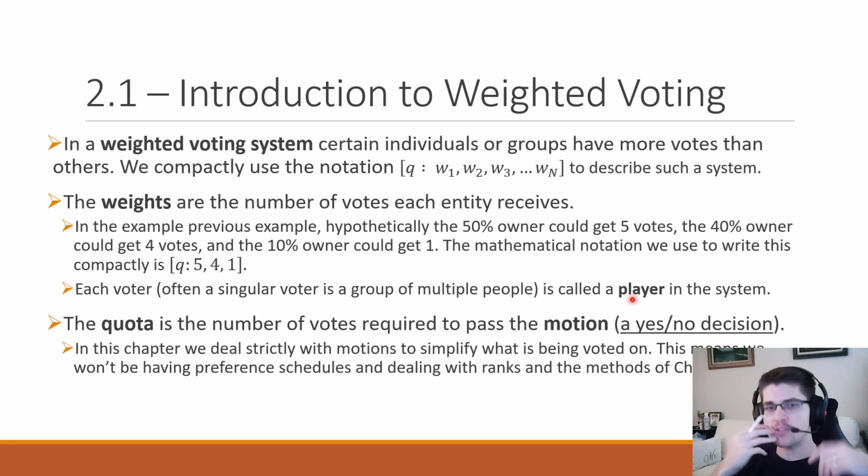So the term player references each of the voters, whether it be a person or a group. I'll be using that term a lot, which is not a standard term for what you'd think of. Basically, the players in the system are those who have the votes, the system itself is called the weighted voting system, and the weights are just how many votes each player has.